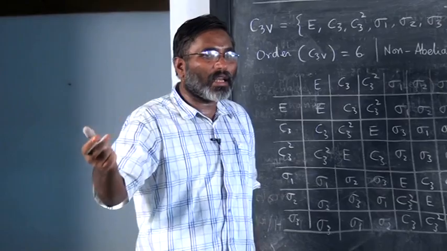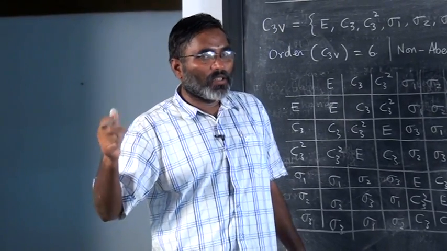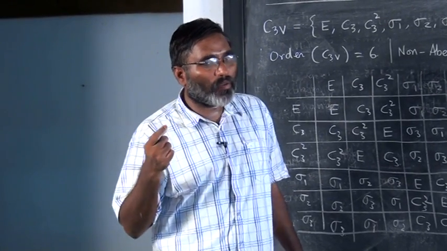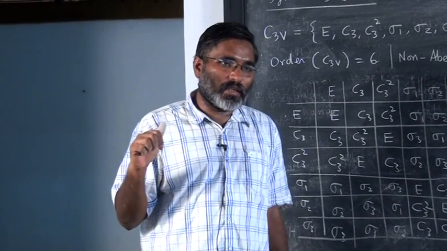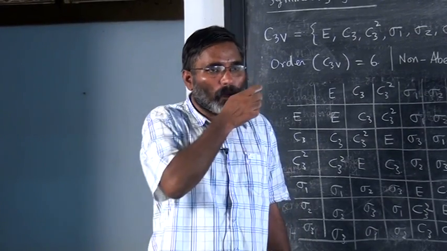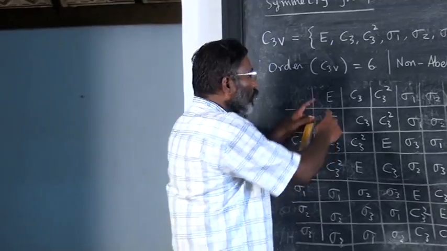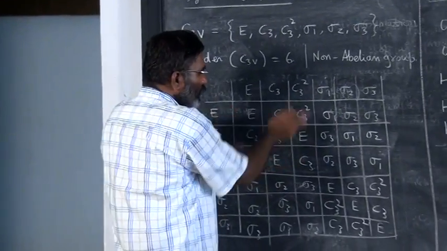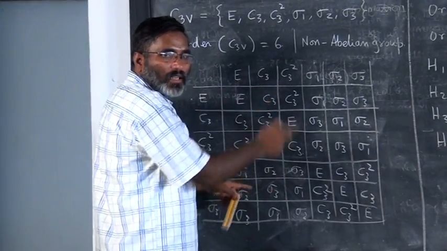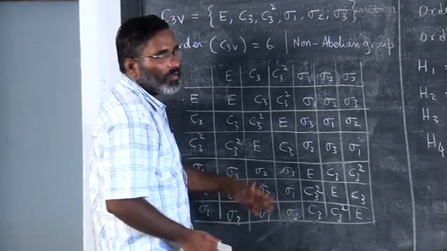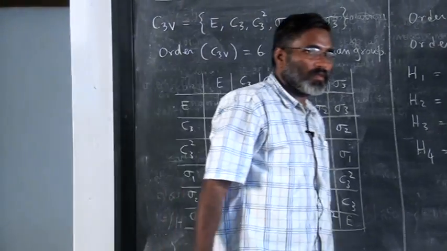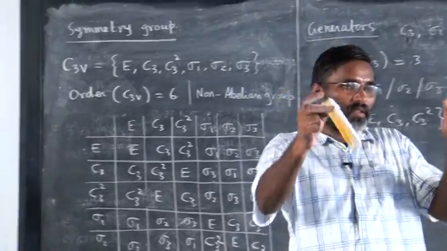So the order of a permutation group of n symbols is n factorial. If you reshuffle them, these things will just get reshuffled and you will not have any difference. So it's fine. As a set they should be the same.